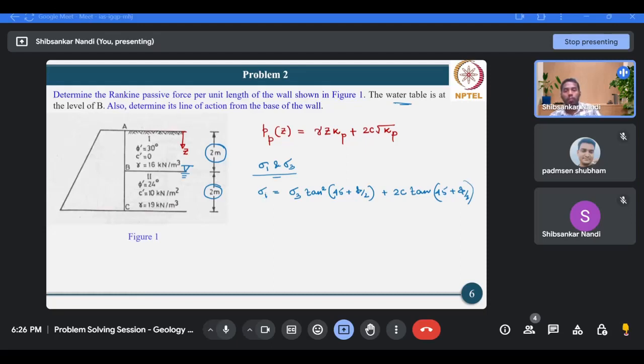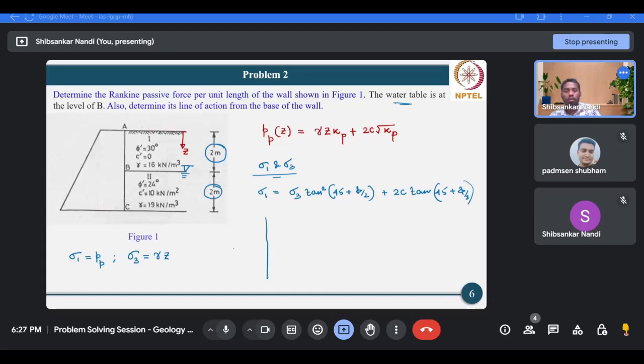Now for the passive earth pressure problem, you should know that in passive earth pressure, the major principal stress is the lateral earth pressure, and the minor principal stress is the overburden, that is gamma z. Why?